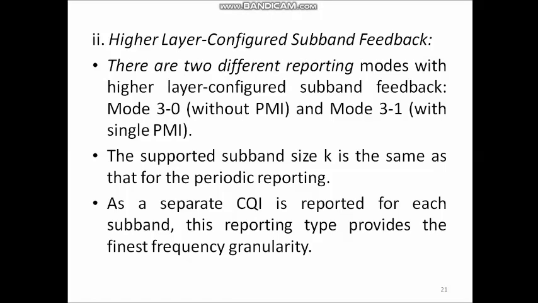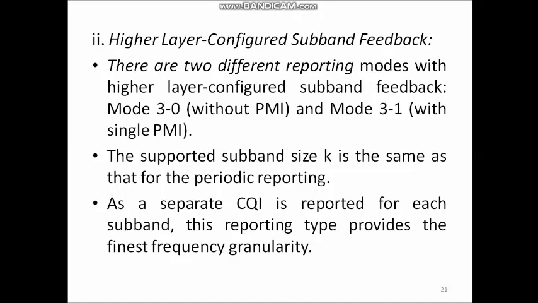Okay, the second type of feedback mode supported in aperiodic CQI reporting is higher layer configured subband feedback. There are two different reporting modes with higher layer configured subband feedback. They are mode 3.0 and 3.1. In mode 3.0 PMI is not used, and in mode 3.1 a single PMI is used. The supported subband size k is the same as that for periodic reporting.